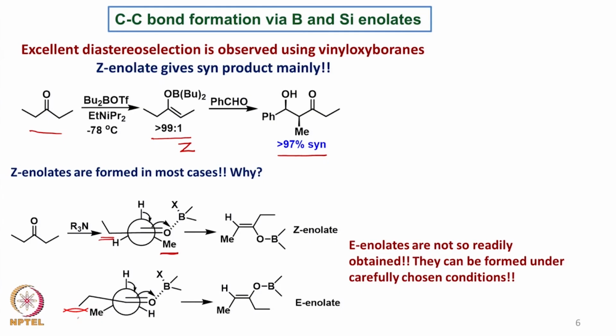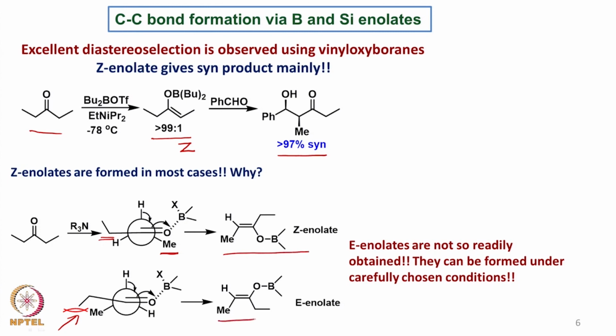So obviously there is a tremendous amount of steric hindrance here, and that allows the methyl group to be away from the ethyl group, and it prefers to remain in this direction, and when that particular orientation of the methyl group is preferred, then when the deprotonation occurs, of course you get the Z enolate as the major product.